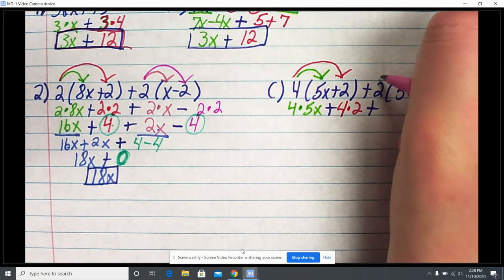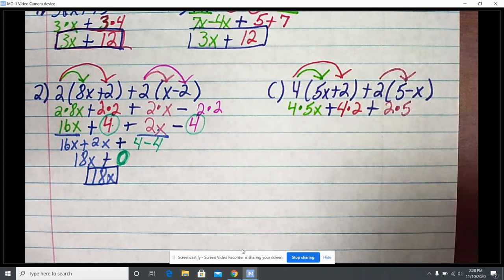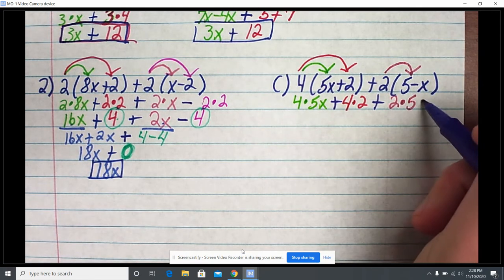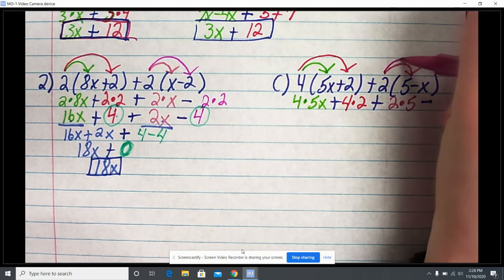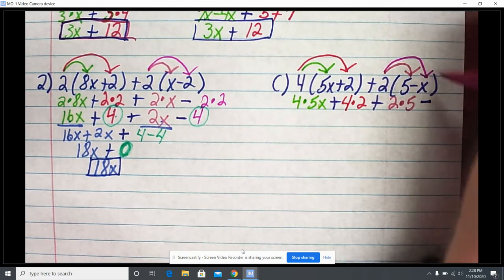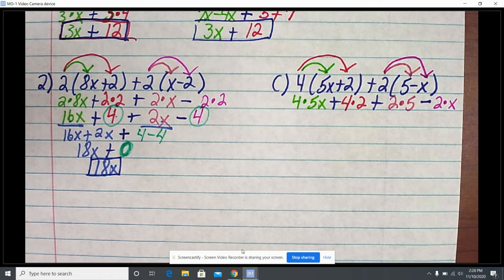Now I'm going to distribute my 2 over here with my 5, which means I'm taking 2 times 5. There's a minus sign in here, so I gotta do minus. And then distribute out my 2 with my x, which means I'm taking 2 times x. Alright, now I'm gonna work out all my multiplication ones.